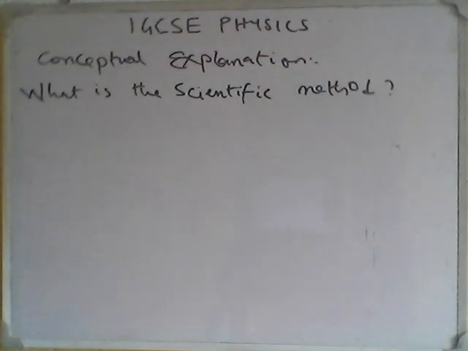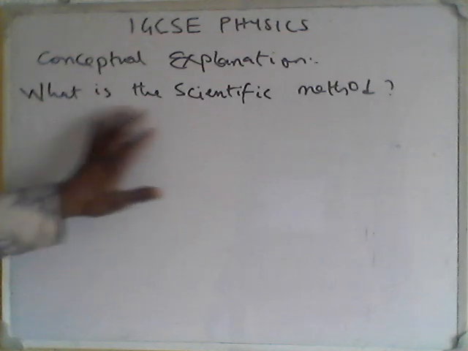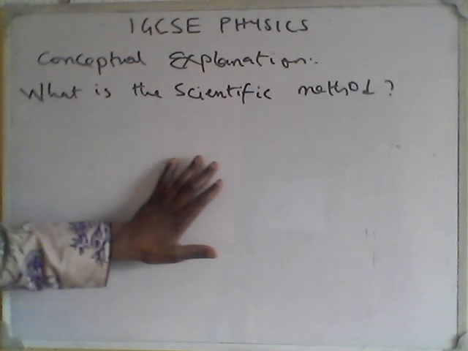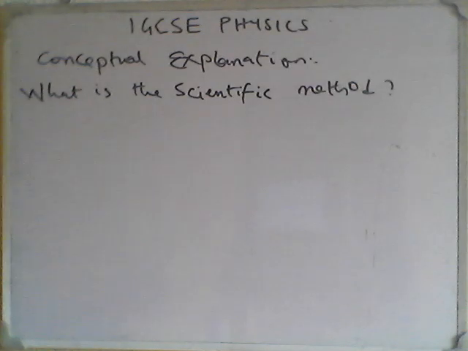Okay, so let's look at the conceptual explanation. What really is the scientific method? How do we perceive it? Physics is not just about facts. It's about figuring out how things work through observation, reasoning, and testing. So this scientific method we're talking about is the structured way scientists explore questions about the world.